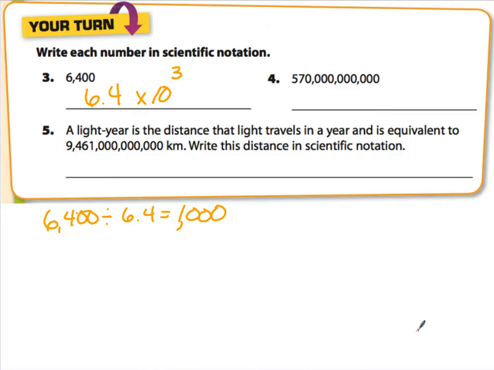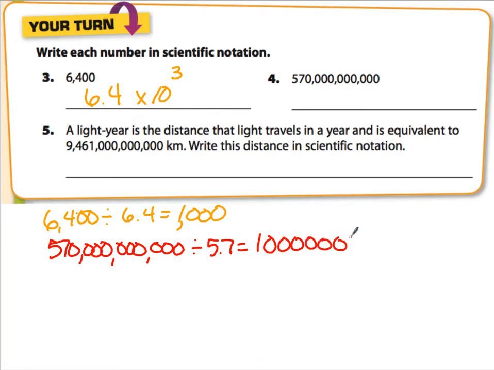On the next one, you would have had 570 billion, and we'd have to divide that by 5 7/10. And when we do that, we would get 100 billion. So that would give me 11 zeros. So that means that this would be 5 7/10 times 10 to the 11th power.